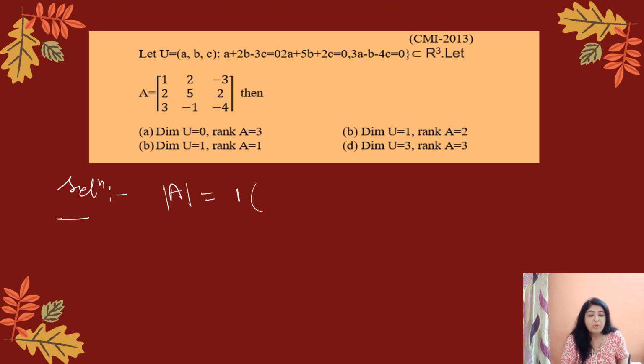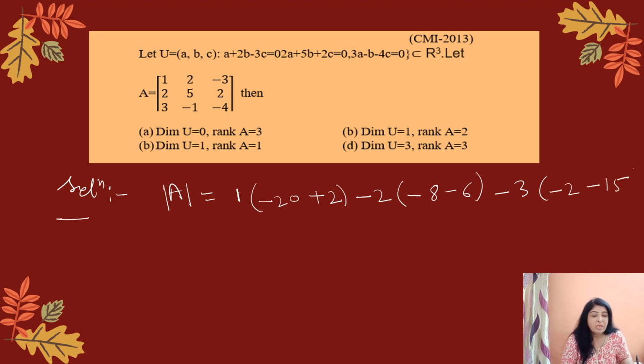So 1 times (5 times 4 minus 20 plus 2), and then minus 2 times (2 times 4 minus 6), and then minus 2 times (minus 2 minus 15).